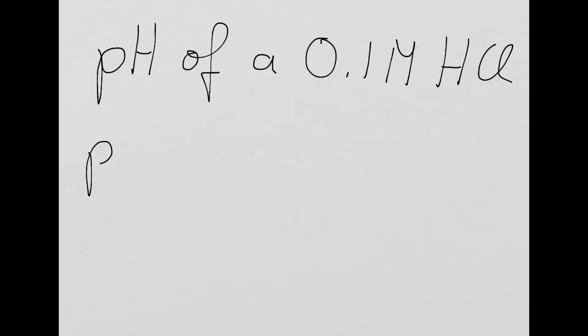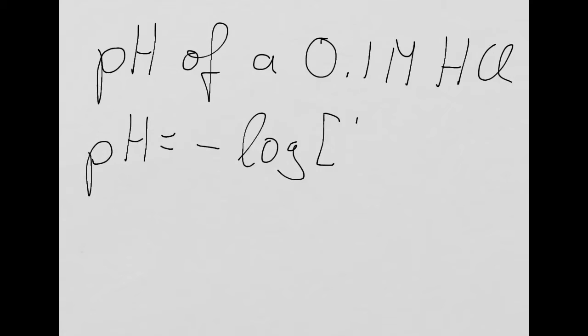Well, pH equals minus log of the proton concentration. Here the proton concentration is 0.1. And the important thing is that with the proton concentration we are always dealing with molar.